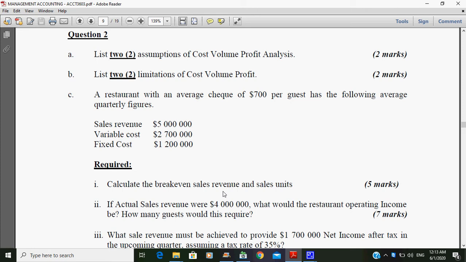So first, your contribution margin ratio is contribution margin divided by what? Sales revenue. Or it could be contribution margin per unit divided by sales price per unit.